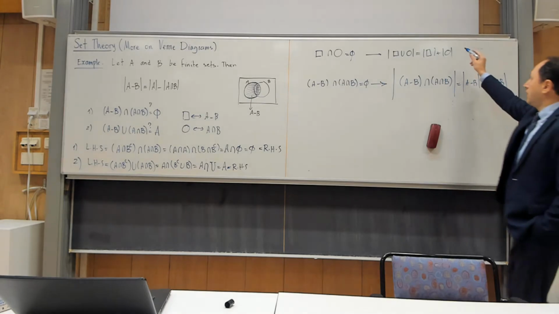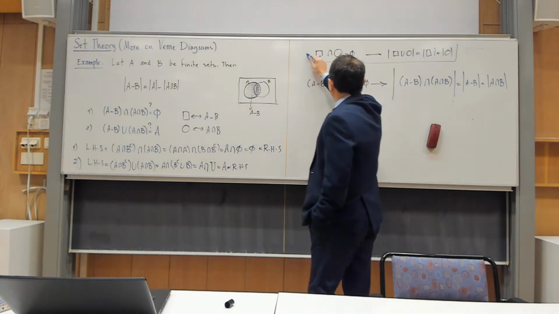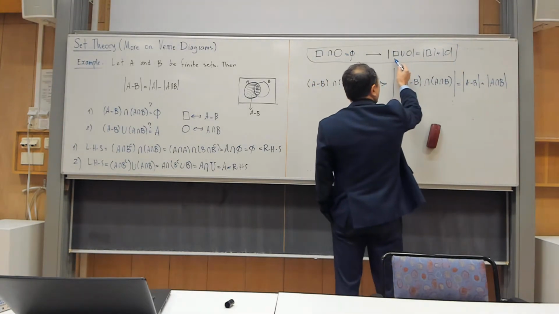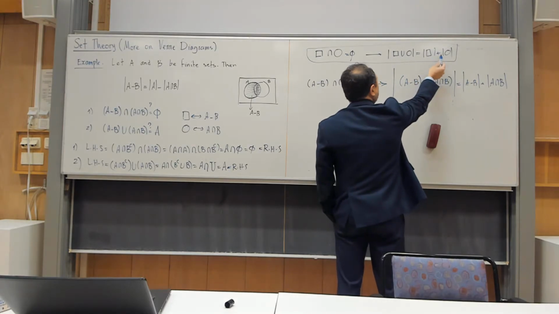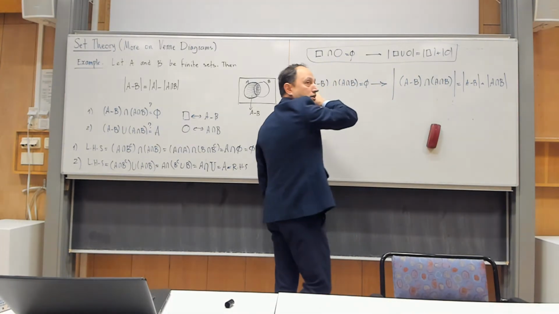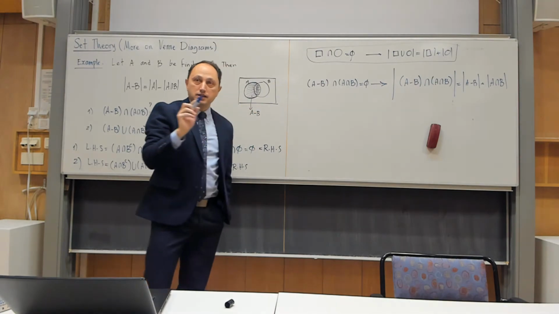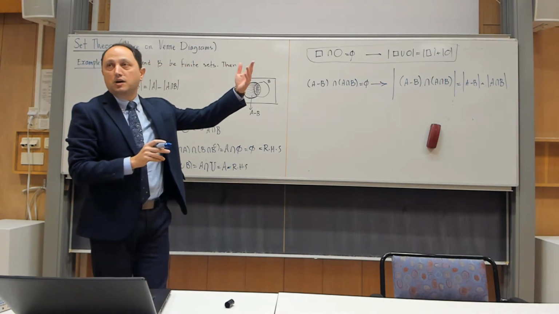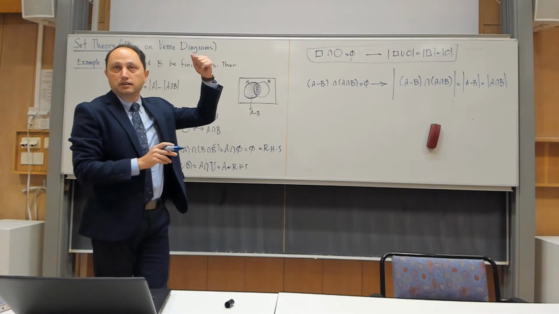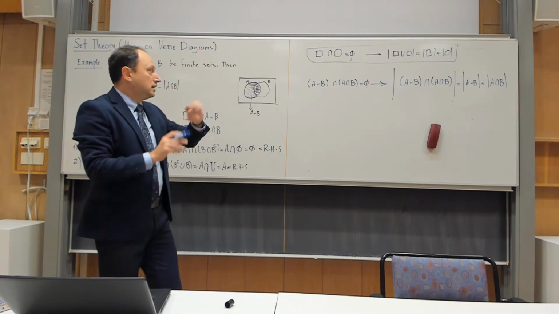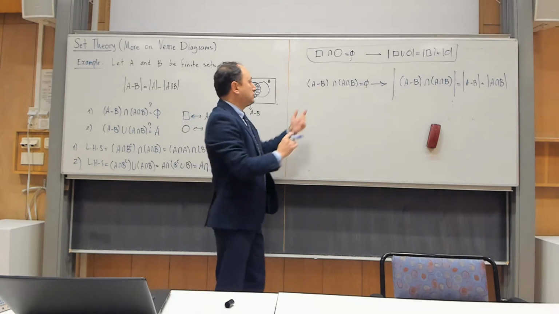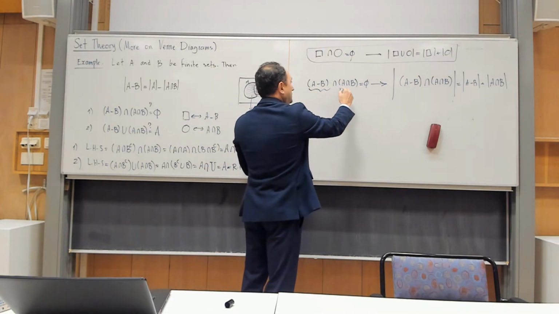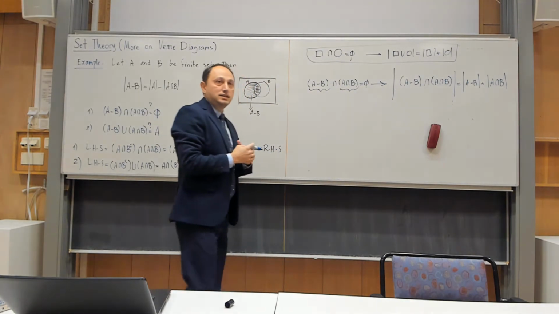This is something I hope that you now know. You remember, the only problem that this is not equal to this is because sometimes this intersection is not empty. But if the intersection is empty, it is guaranteed that the cardinality of the union is the sum of the cardinalities. Yes or no? Now, do you agree that the intersection between these two sets is the empty set?